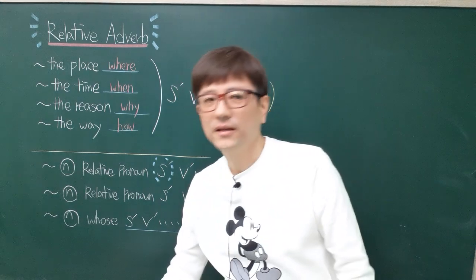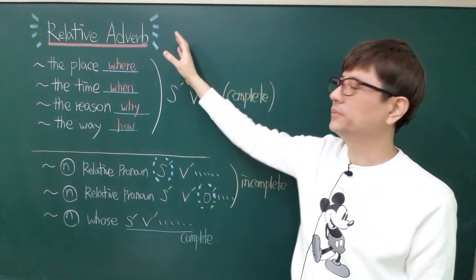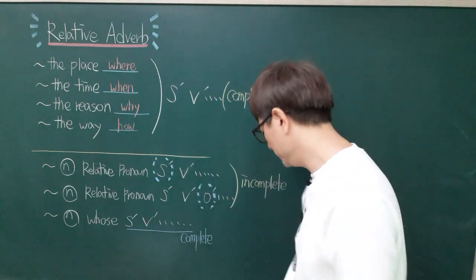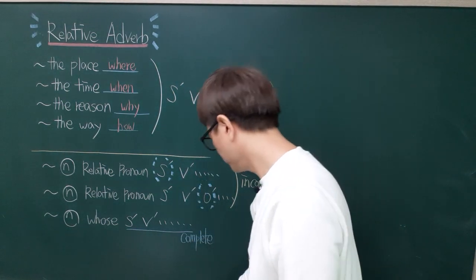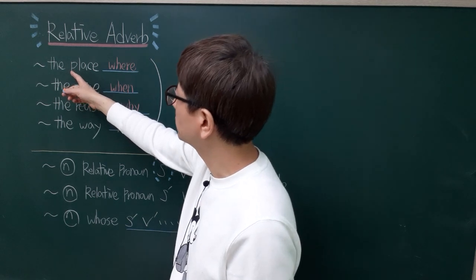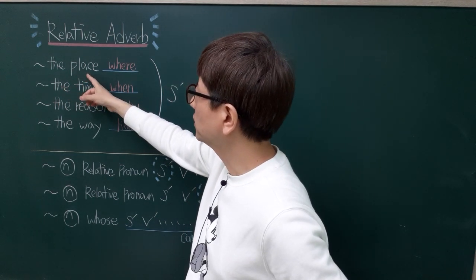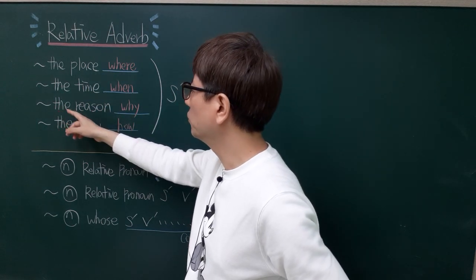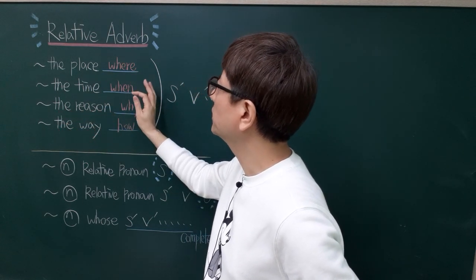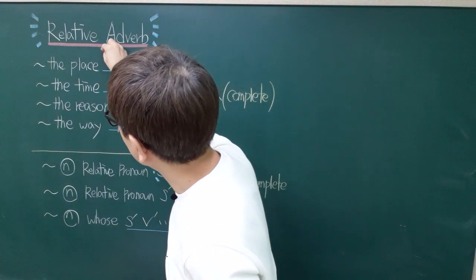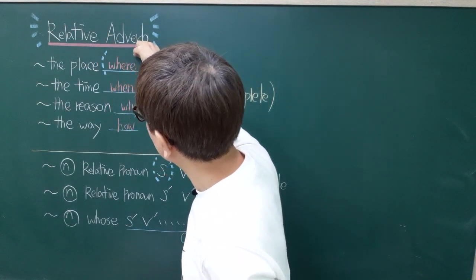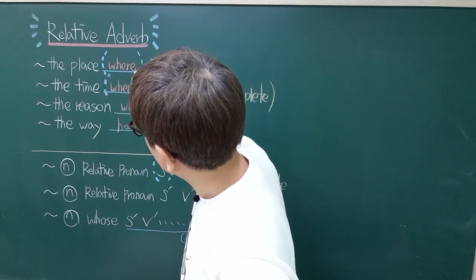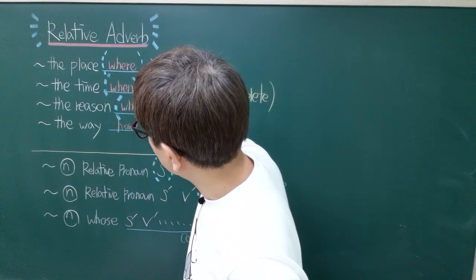Okay. Then let's talk about the omission of a relative adverb. You can omit a relative adverb in the sentence. Look at this. When you have a noun related to place and time, or when you have the word reason in front of the relative adverb, then you can omit the relative adverb like this.